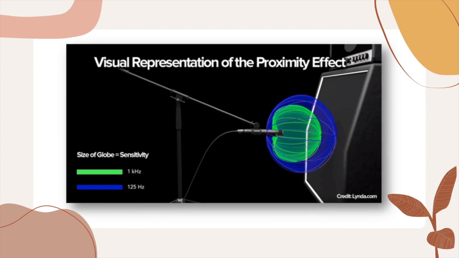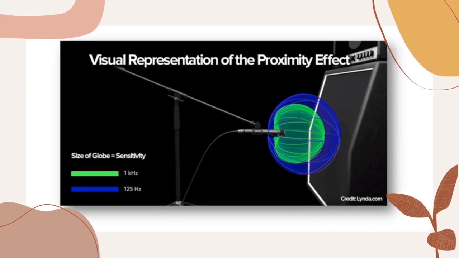Okay, on the next slide, I've given a small visual representation of proximity effect. And now you will want to know what exactly that is. All cardioid types of microphone pickup patterns will exhibit what is called proximity effect. This means that the effect occurs at an increasingly greater strength the closer the microphone gets to the source.